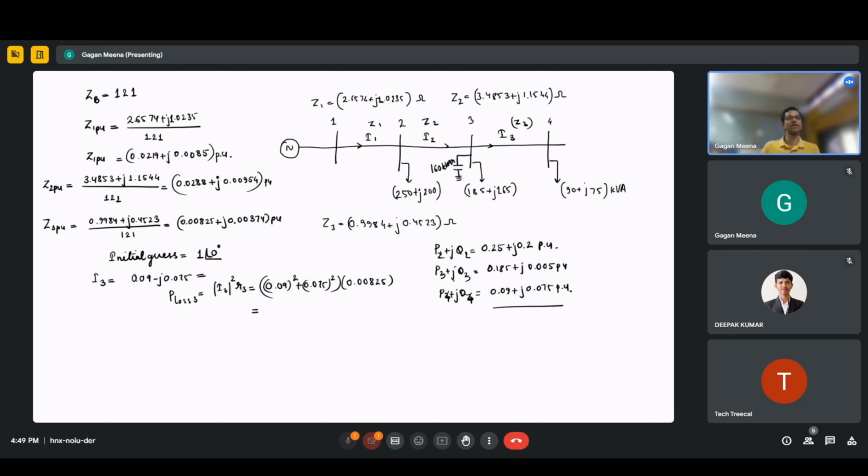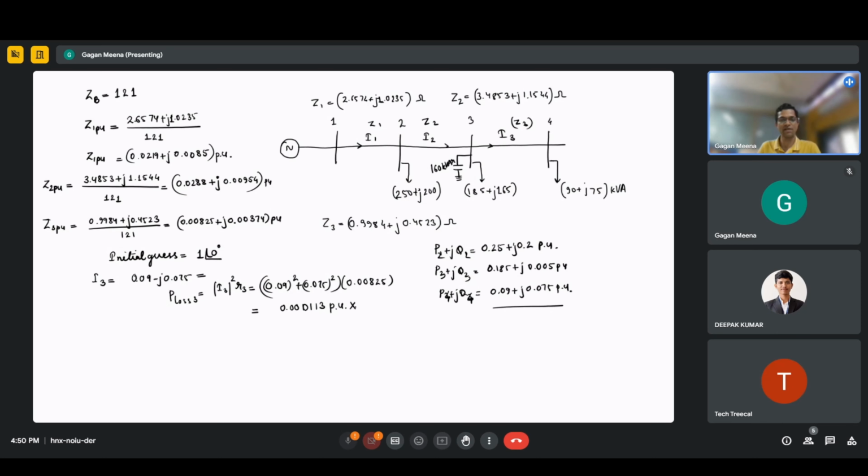Check this value. 0.000132. Yeah, so this is in per unit.